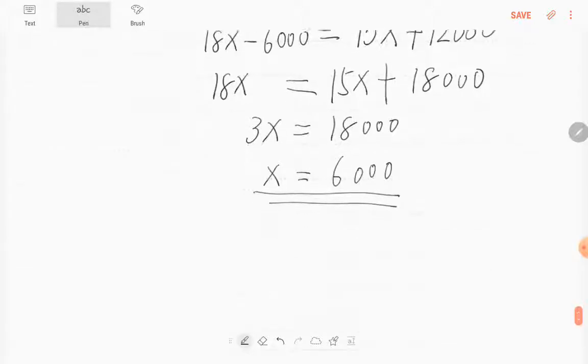So the next one is called the price demand analysis.